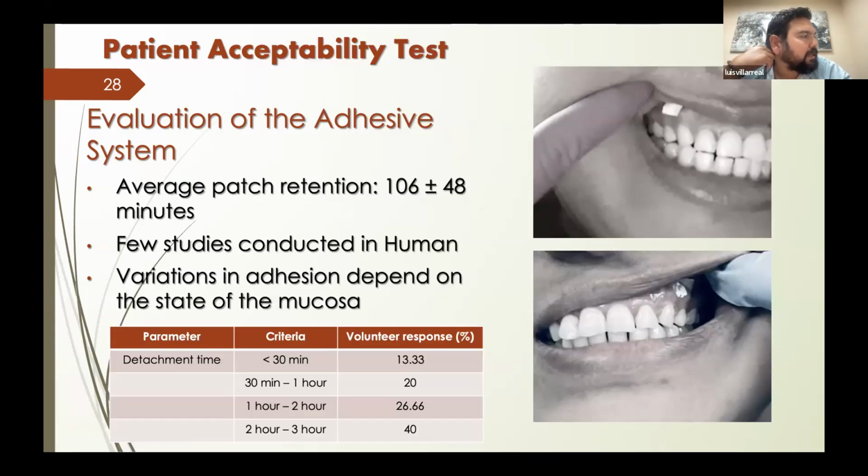This is fine for us because the release of the dexamethasone has to take about 20 to 30 minutes, but we use longer times in order to have some margin. 30% of the volunteers had the membrane detach from their mouth in less than 30 minutes.